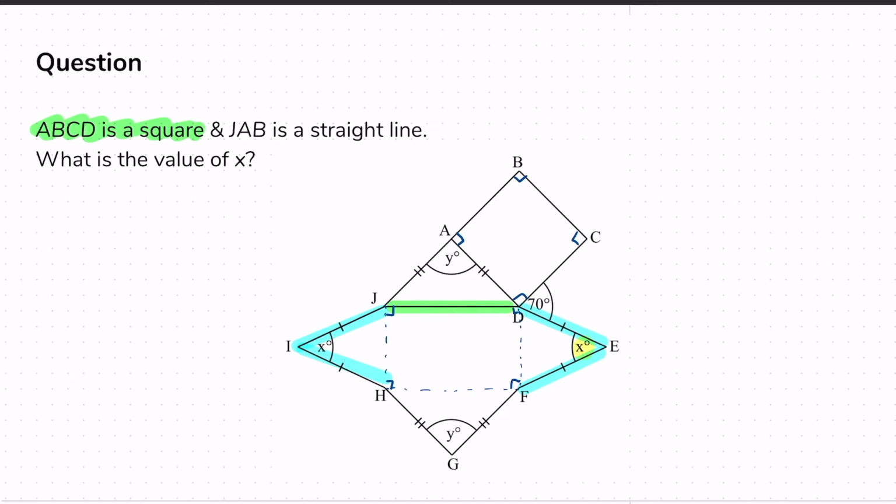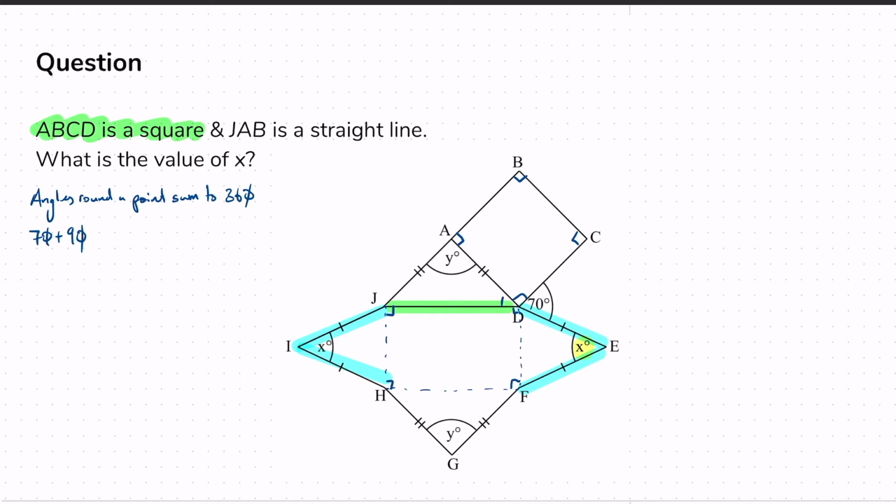Well, if we can see around this corner here, because we are doing angles around a point, well, they should sum to 360 degrees. So we've got 70 on there already, and 90 on there already.